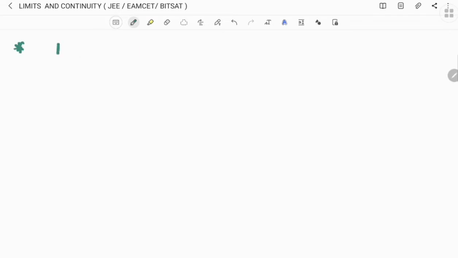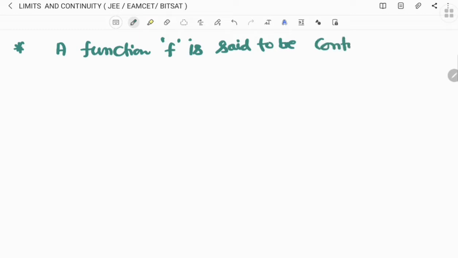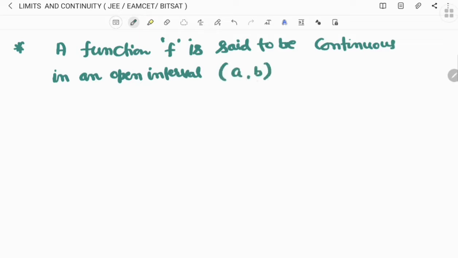A function f of x, or simply f, is said to be continuous in an open interval. Open interval means like this. This is called open interval of a comma b.